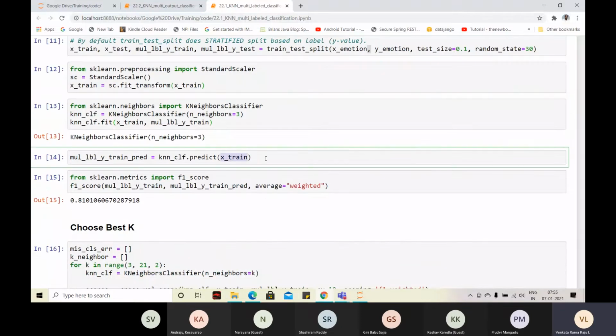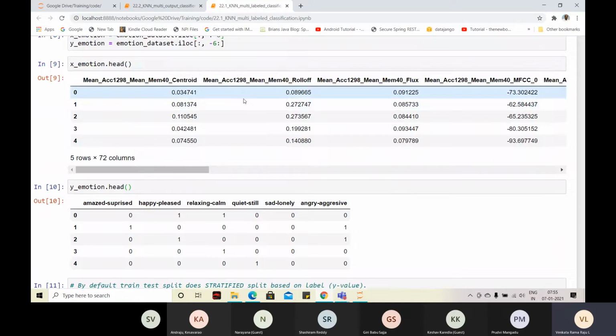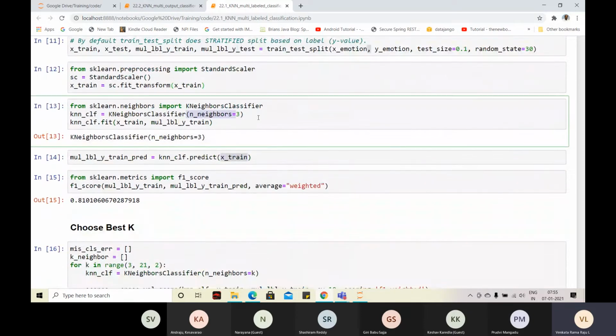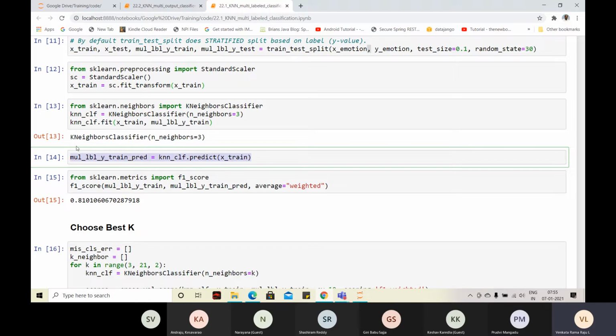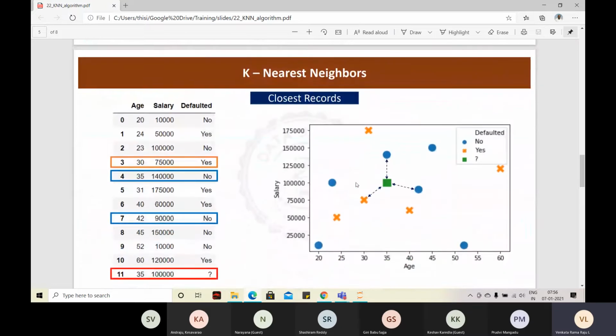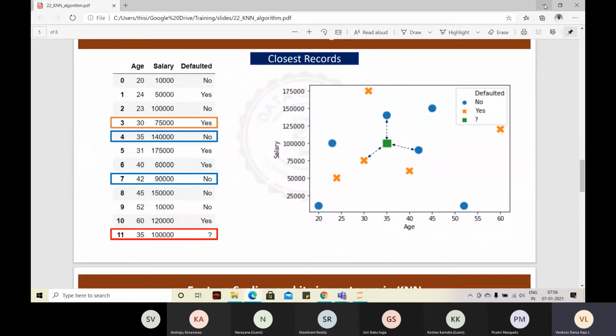Now if I ask predict, it is going to take the first record and calculate the distance between all the 596 records, and then take the closest 3, look at the target variable and make a prediction. When you ask for prediction, that's where this Euclidean distance calculation and looking at 3 records and making the prediction will happen.